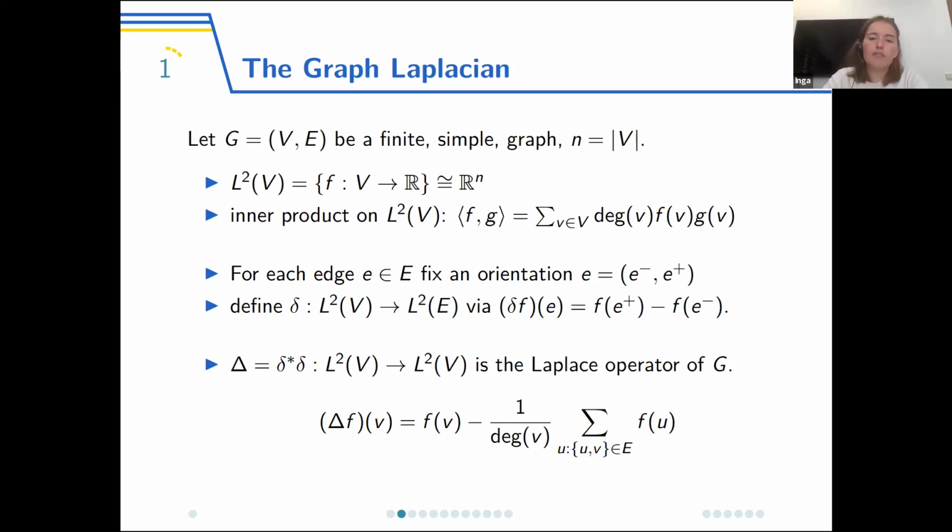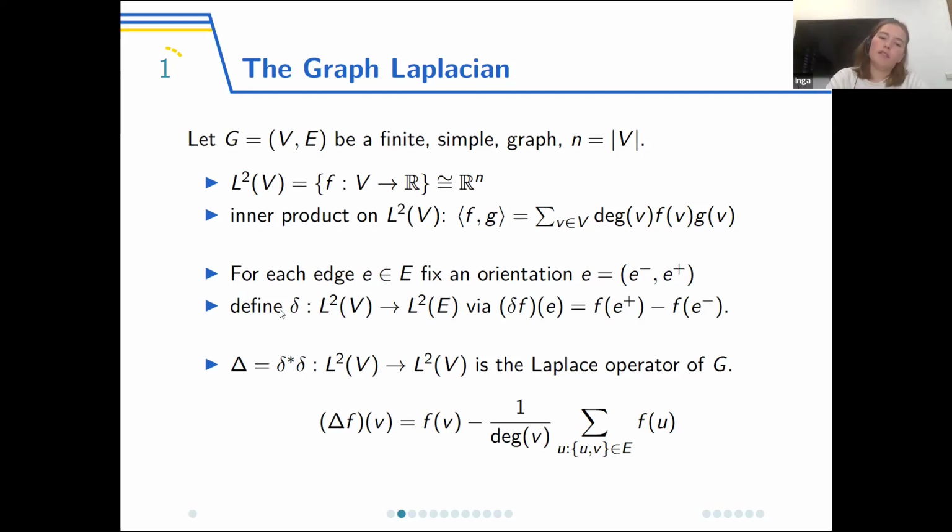On that space, we can define an inner product between two functions, which is the sum over the products of the two values, weighted by the degree of each vertex. Further, we need to fix an orientation on the edges. For each edge, one of the vertices is the initial vertex, the other one is the terminal vertex, but we can do that in an arbitrary way. It won't matter in the end.